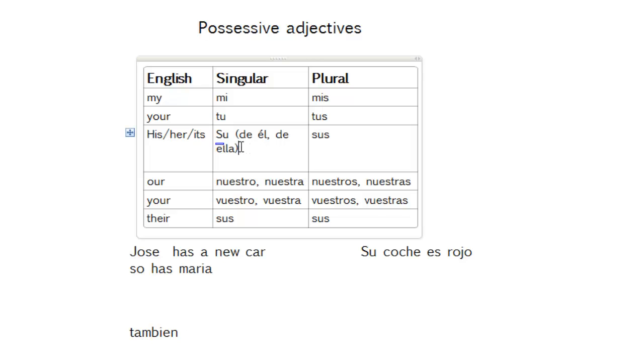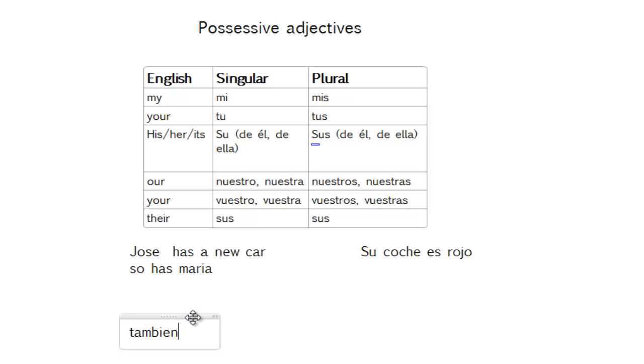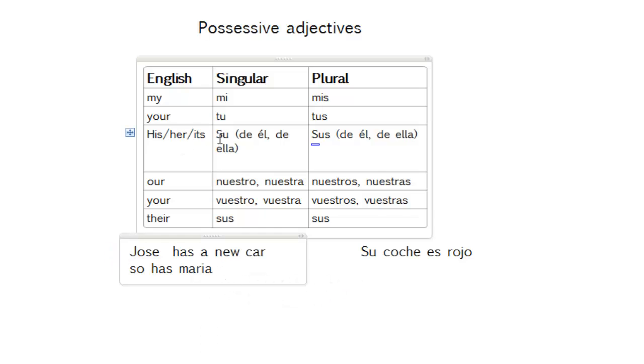Okay, and it's the same if we copy that there. So it has to agree, and if there is a doubt, you just say of him or of her. It sounds strange, but it's not. You get used to this one very quickly because it's actually the context.